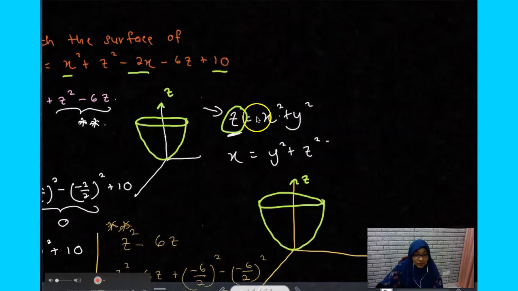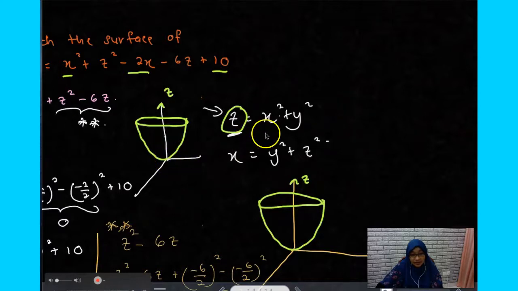explanation about the bowl. So this is your general form of bowl, where your symmetrical axis is z, somewhere at the origin, right? The symmetrical line is z, somewhere at the origin here.